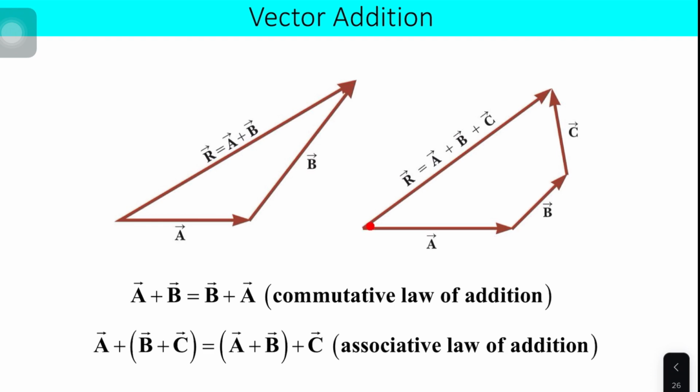And if you have more than two, for example A plus B plus C, arrange it according to the process of it: A plus B plus C. Every second and third vector must be placed at the head of the vector A, the first vector, pointing according to its direction, and then connected to the tail of the third vector, which is vector C, pointing along its direction.